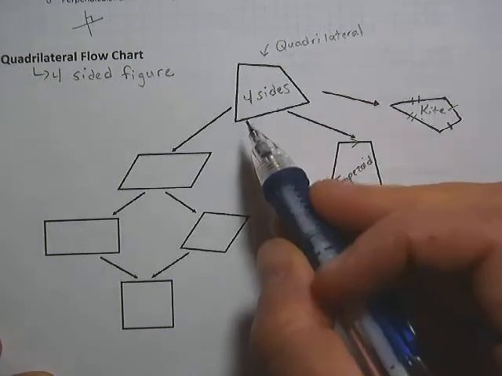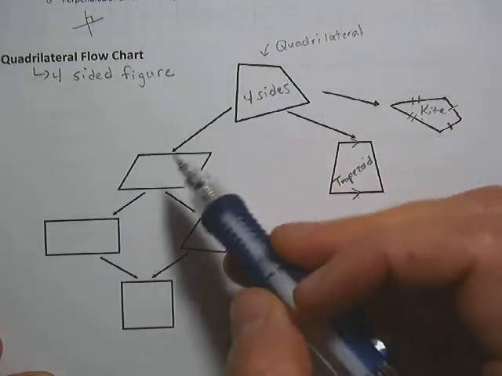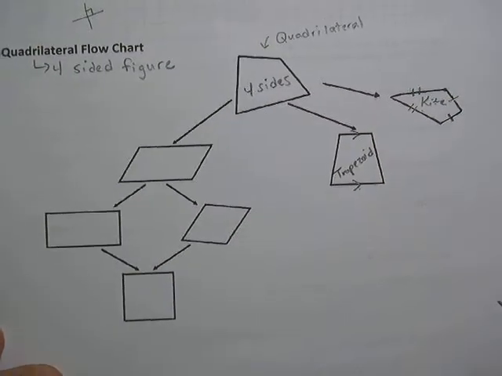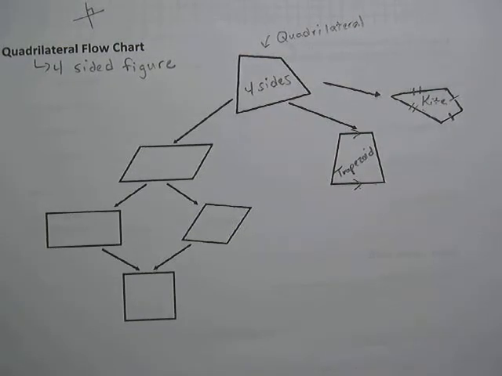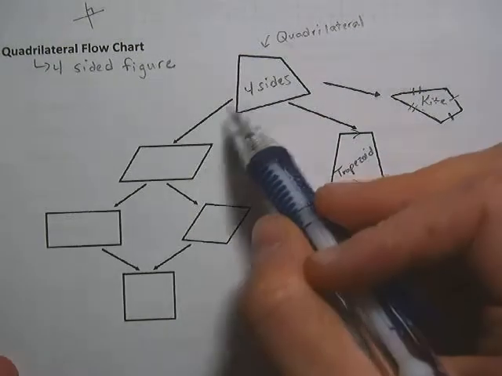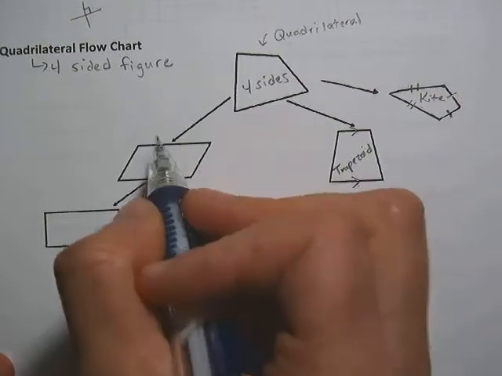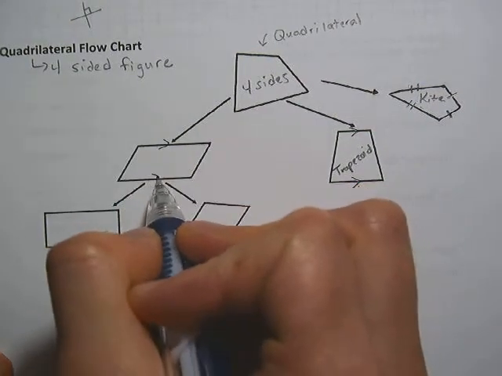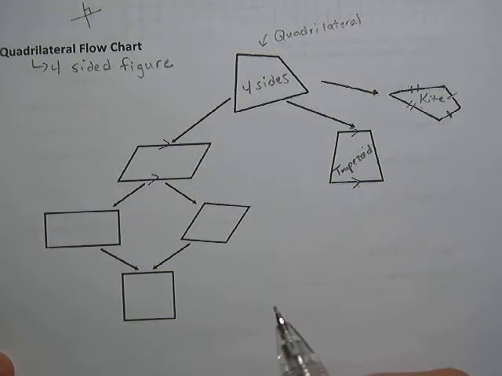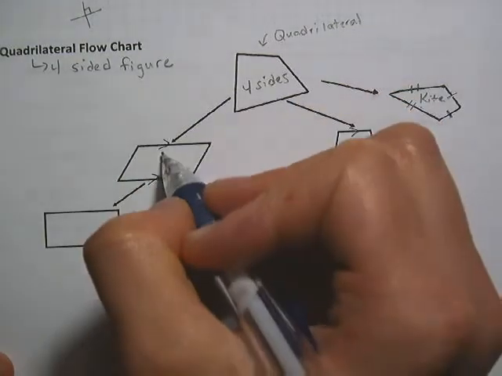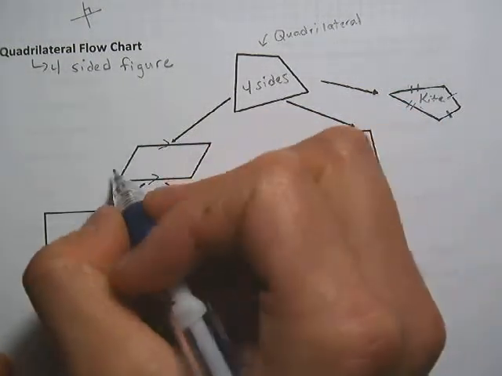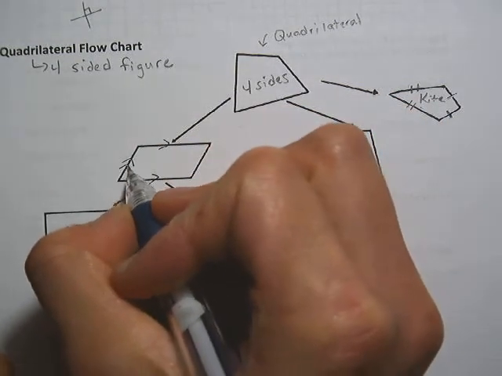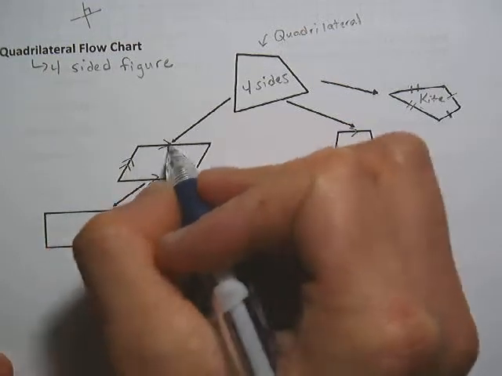All right, now the last category can kind of branch off into other things, so we're going to spend a minute on this one. If you look at the figure and you notice that opposite sides are parallel, so that side's parallel to that side, but then this side, I'm going to have to put 2 arrows to show that it's different than that.